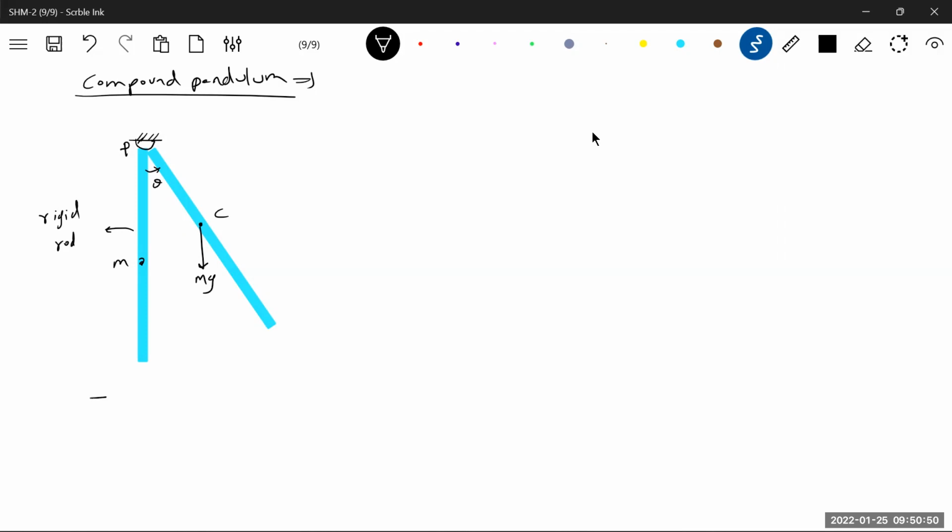Okay, now what is the torque? Torque about point P should be equal to mg L by 2 sine theta. This should be equal to Ip into alpha. How the torque will act in this sense, so the minus sign will come in: mg L by 2 sine theta. What is the moment of inertia of this?